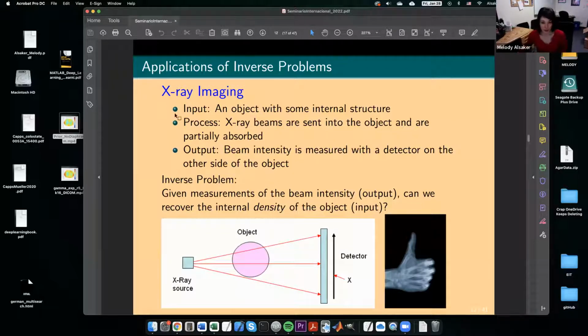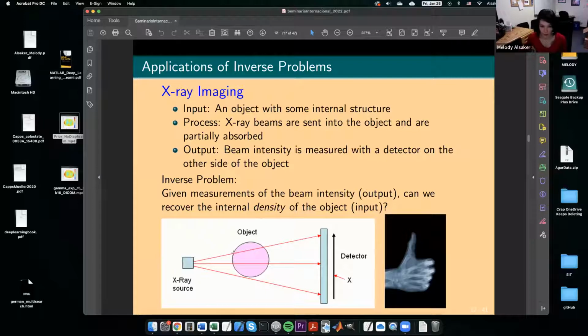In X-ray imaging, the input is an object with some kind of internal structure, maybe a person. And the process is that we shoot X-ray beams through that object. Of course, the beams just pass linearly through the object and hit this detector plate on the other side.